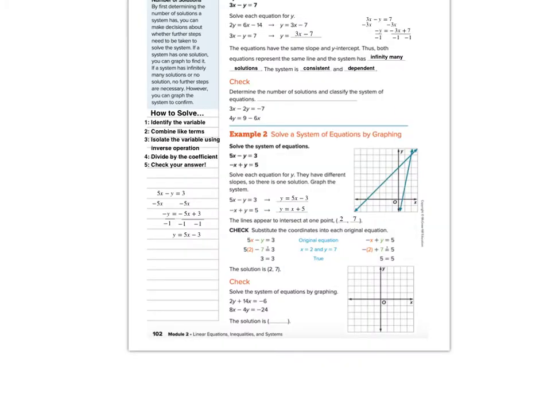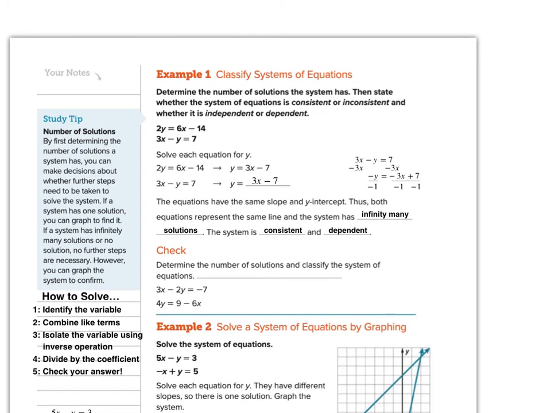So when I look at these equations, what do they mean? Determine the number of solutions of the system, then state whether the system of equations is consistent, inconsistent, independent, or dependent. Consistent means they do have an intersection. So solve each equation for y.